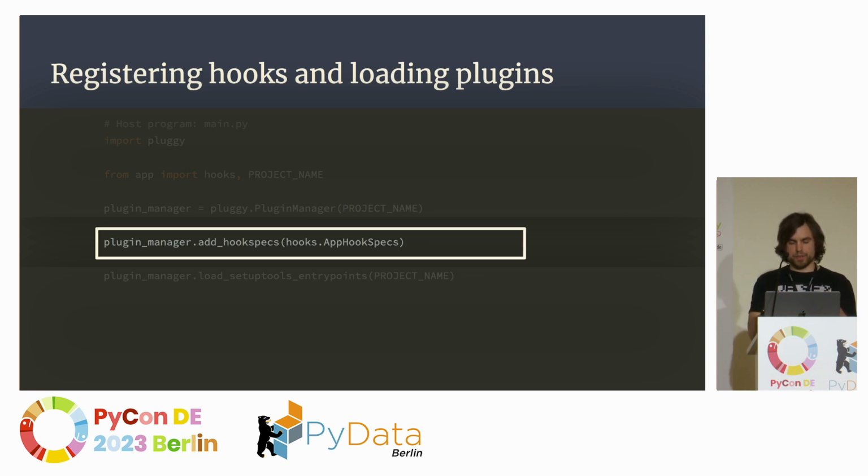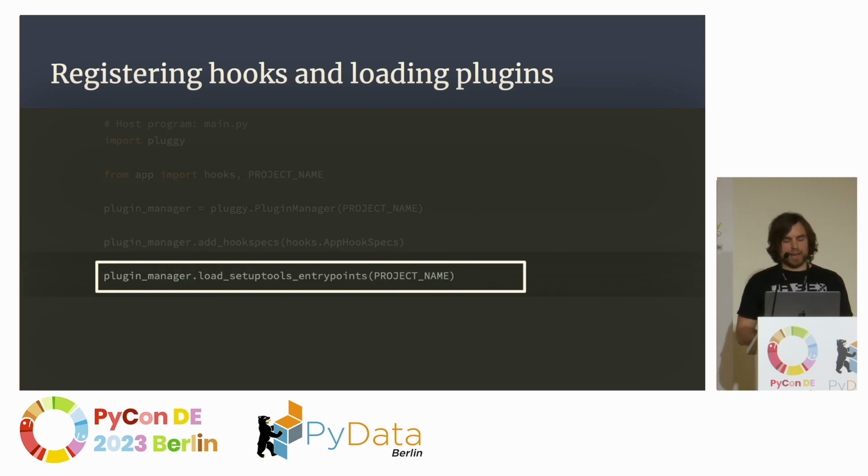That's going to take all of the methods on that class and register them as plugin hooks. And then finally, we call this load setuptools entry points method on the plugin manager object, and it takes the project name, which is important, because that needs to be referenced later in something called a setuptools entry point.